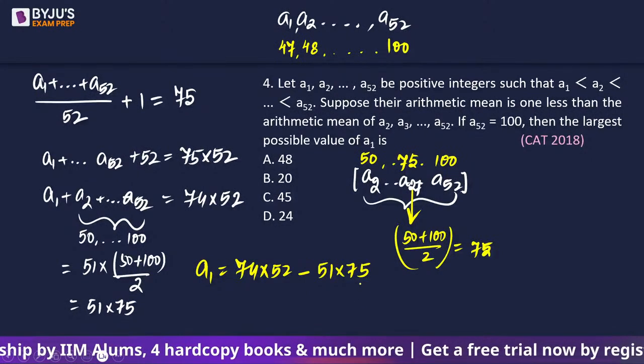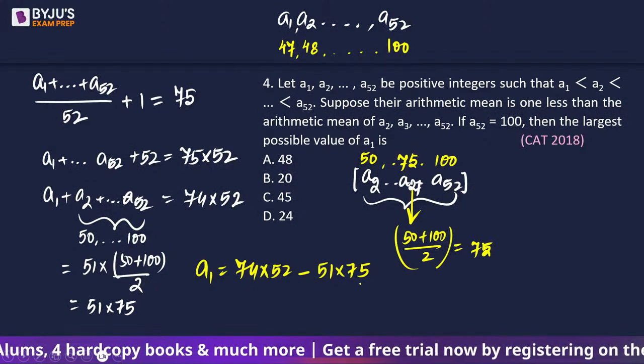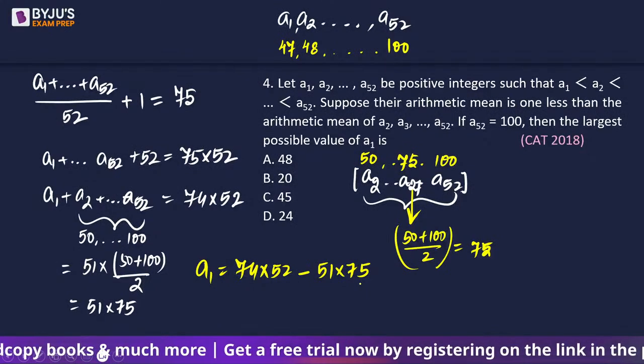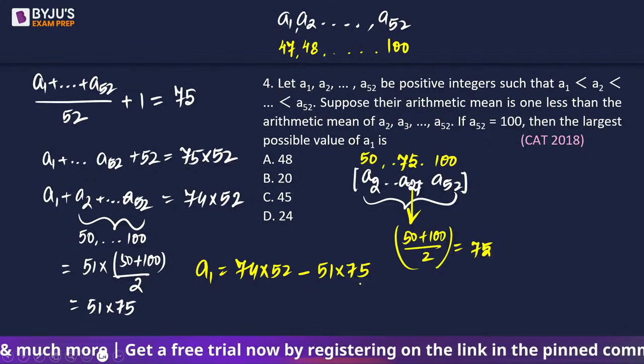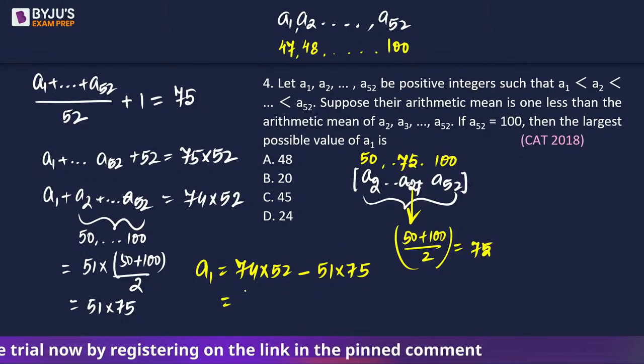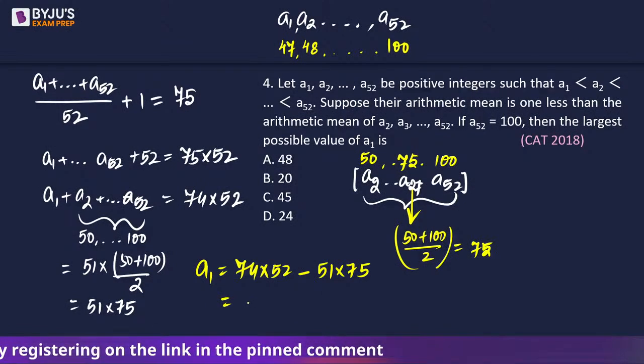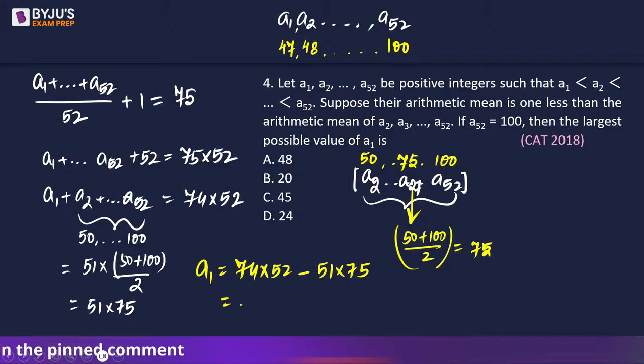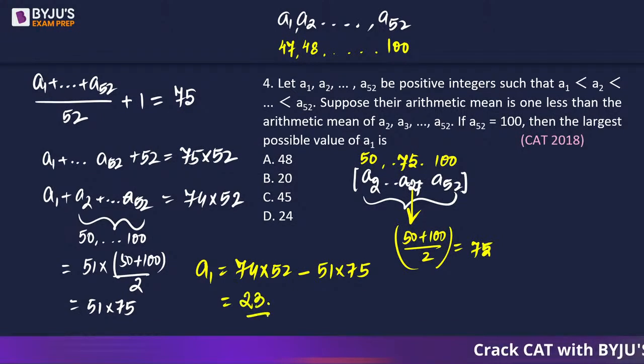A1's value will come out like this, right? We have 51 numbers, from A2 to A52 is 51 numbers, and that starts from 50. So we get A1 is equal to 23.